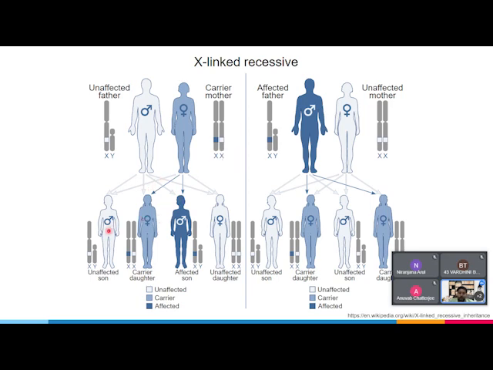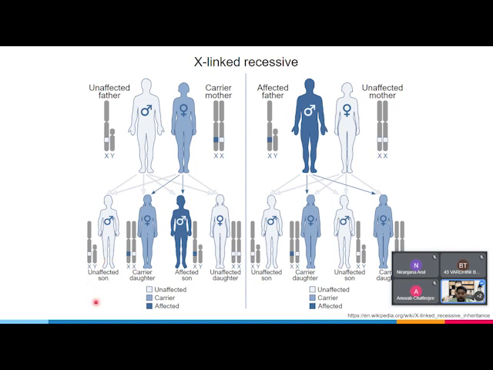So if we cross them, in the case of the male, he will receive one X chromosome from the mother and one Y chromosome from the father. So we have a 50% probability of a male child being affected by the disease.